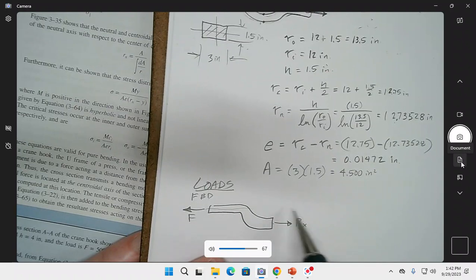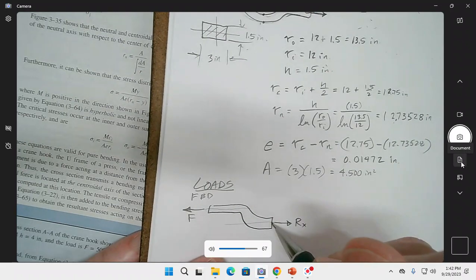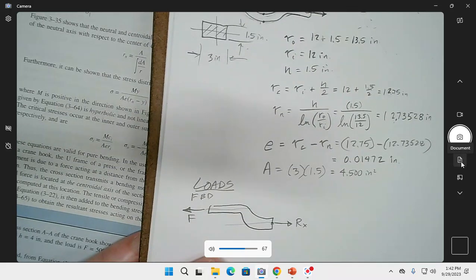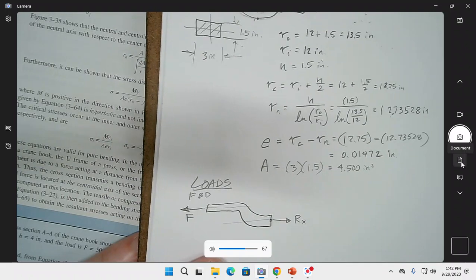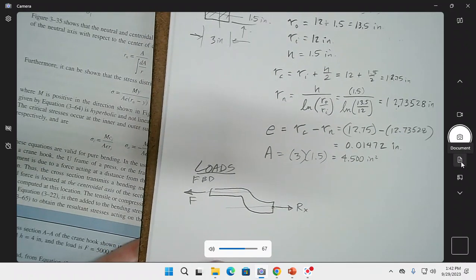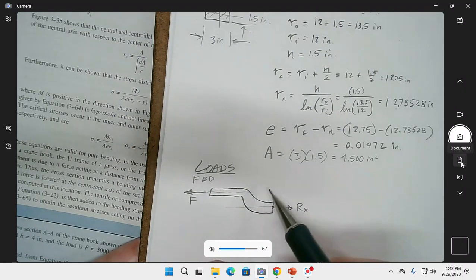But because there's an offset, we're going to take the moment about this reaction. And that reaction is going to happen at the centroid. Right? It doesn't care about the neutral axis. It doesn't realize it's a curved beam when it comes to where the center is, and that's going to be location. But that's easy enough.